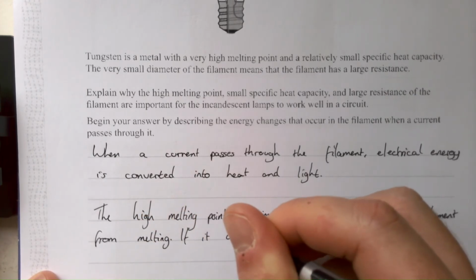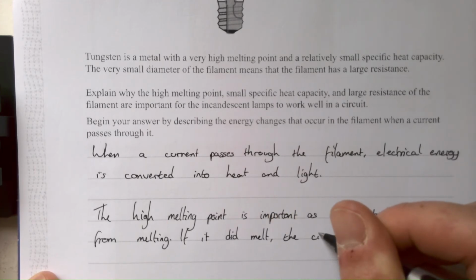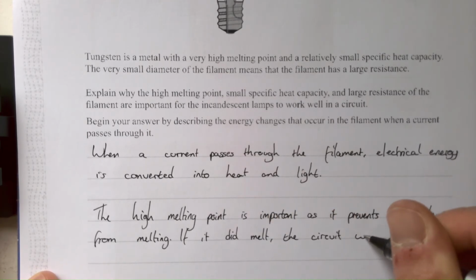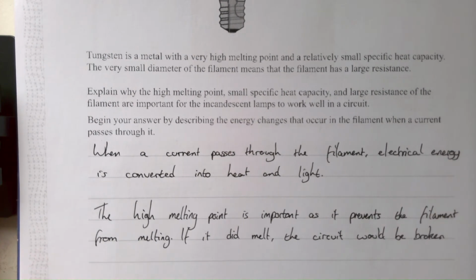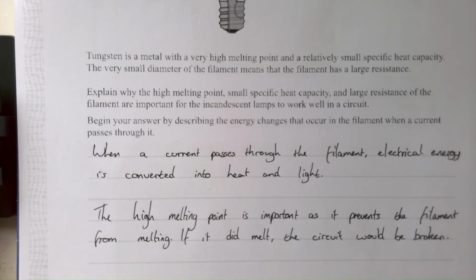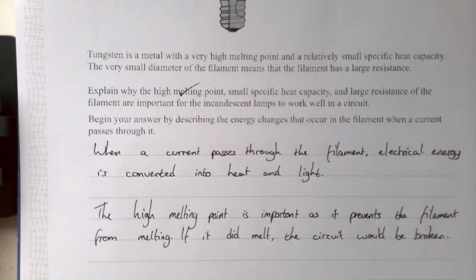If it did melt, the circuit would be broken. There would no longer be a complete path for the electricity, for the electrons to flow around. So, if it did melt, the circuit would be broken. That's why it's a bad thing. Okay? So, we've discussed that one.